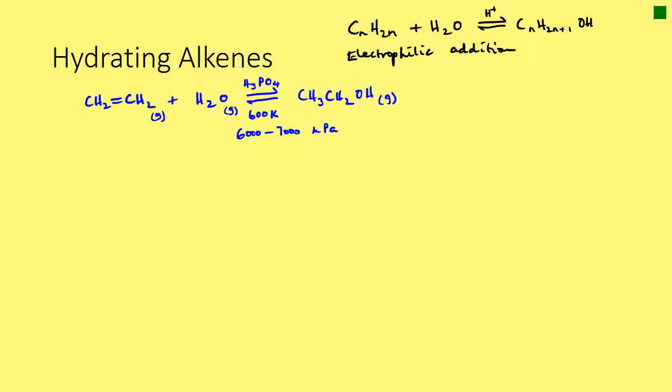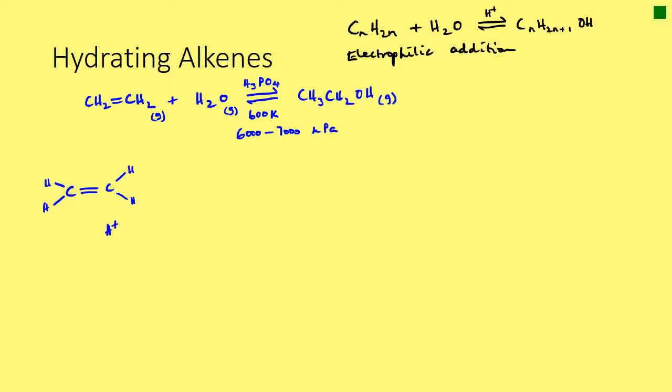Let's have a look at the reaction mechanism. So we start off by drawing out our ethene. And we're going to have hydrogen ions floating around from the catalyst, and the double bond is highly negative, and it's going to be attracted to an electrophile, the hydrogen ion being the electrophile.